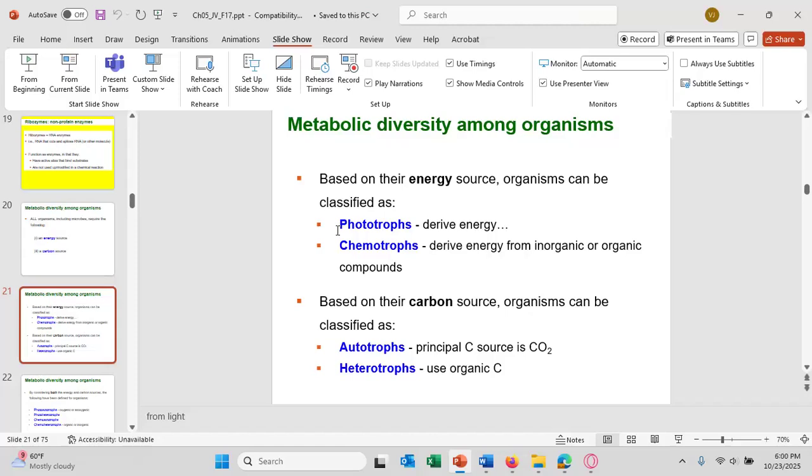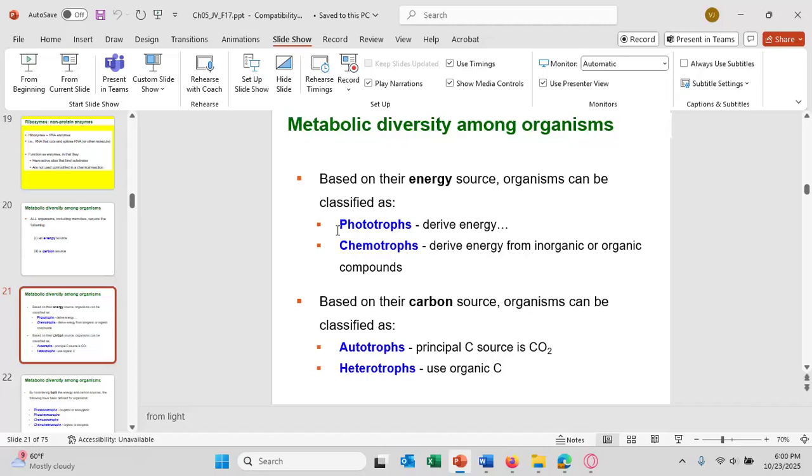And then you can classify other organisms as chemotrophs. These are organisms that derive their energy from a chemical compound. For humans, we are chemotrophs, and we derive the energy we need from the food we eat, such as glucose. And chemotrophs derive their energy from an inorganic or an organic compound.